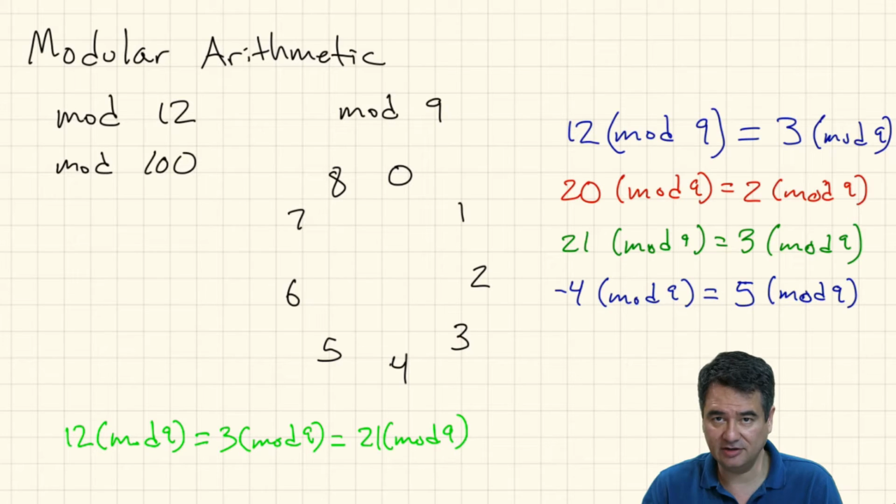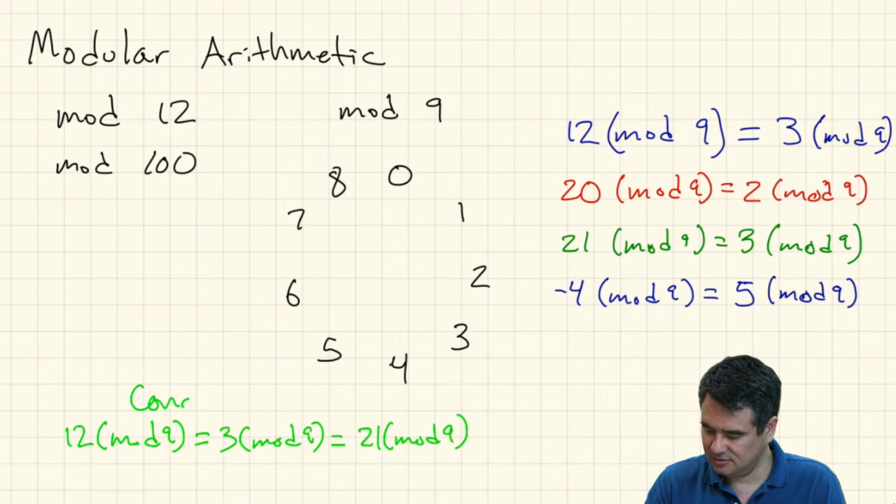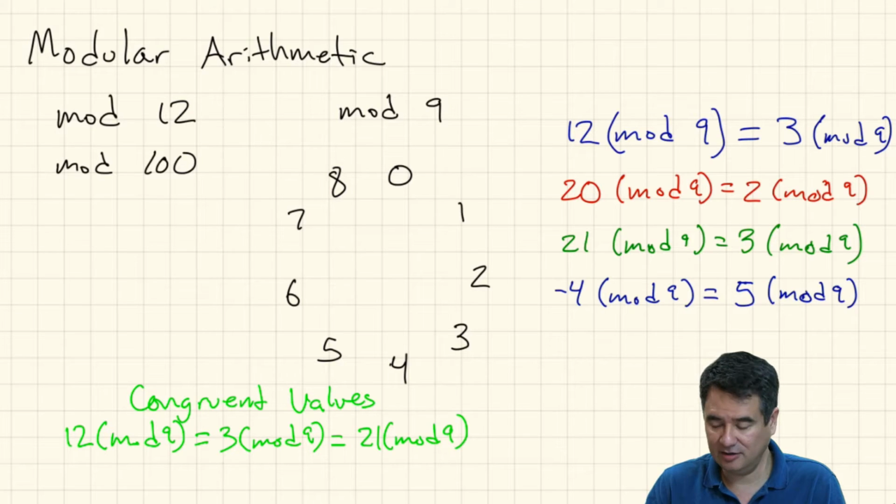And there's a whole bunch of other numbers that are all equivalent to each other. These are called congruent values. So the value of 12 mod 9 is congruent to 3 mod 9, which is congruent to 21. And I think, let's see, if we go 1, 2, 3, 4, 5, 6, negative 6 mod 9.